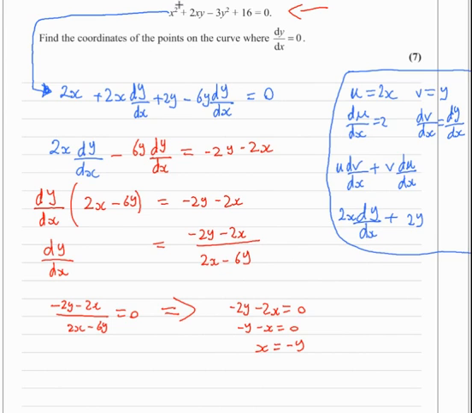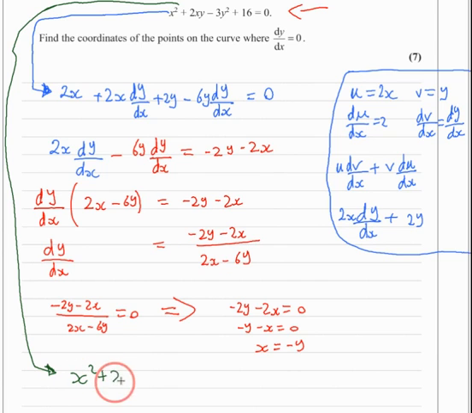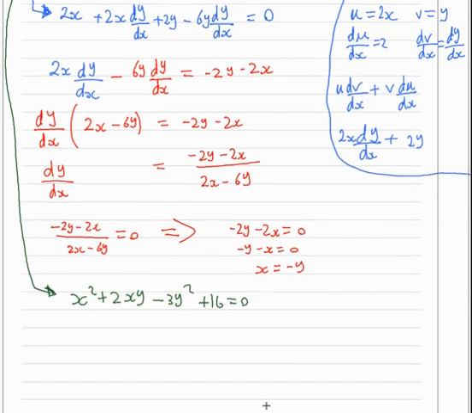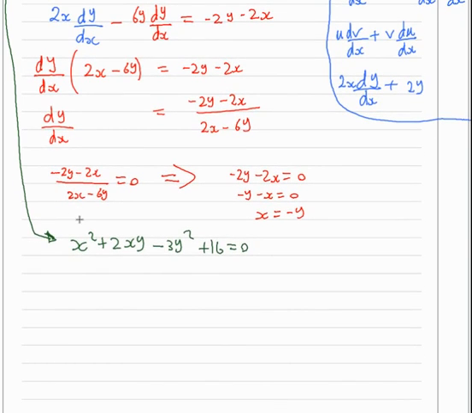Okay, let me just write this before I move down. So I have x squared plus 2xy minus 3y squared plus 16 is equal to 0. Let's move down. Now I'm going to sub x equals minus y.